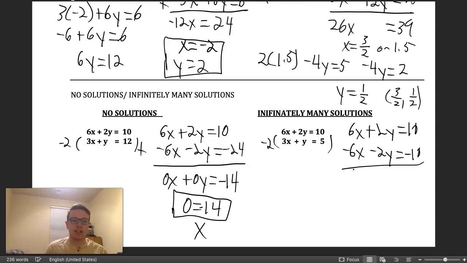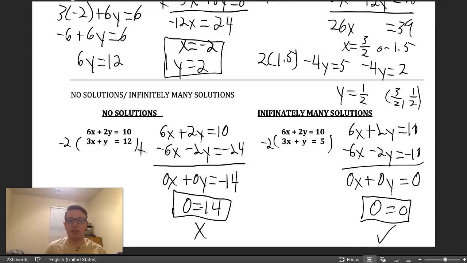When we add these all together, we'll have 0x plus 0y is equal to 10 minus 10, which gives us 0. And so this one, we're left with something true. 0 is equal to 0. So when you're solving using elimination, if you get something that's correct all the time, it's infinitely many solutions. If it's wrong all the time, it's no solutions.